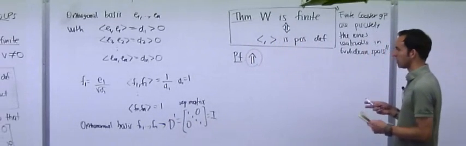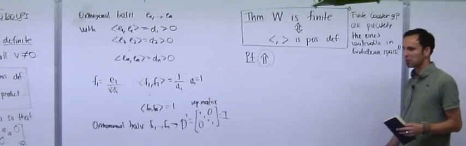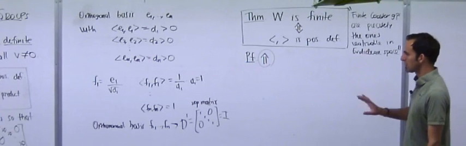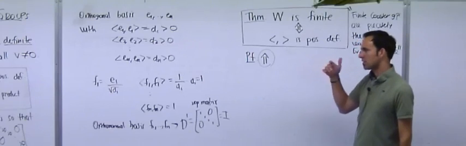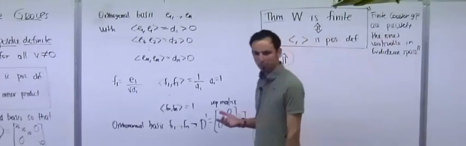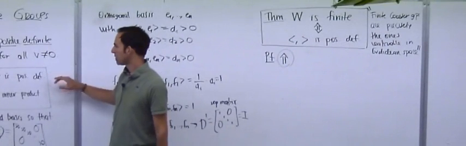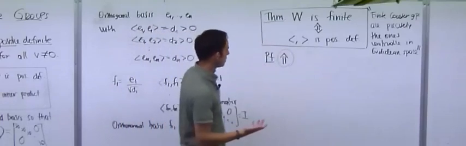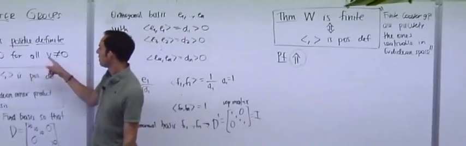Now, I should tell you, if you got a little bit lost with my discussion of positive definiteness and bilinear forms in general, well, this is a good point to start again, because basically the discussion that I just made was so that I could make this statement precise. Okay, and that's all I will need. And now to prove this theorem, I'm just going to use what positive definite means, which is this.